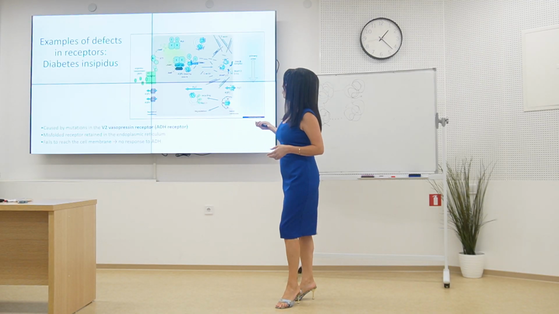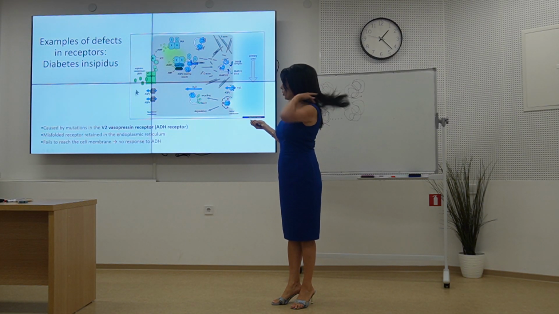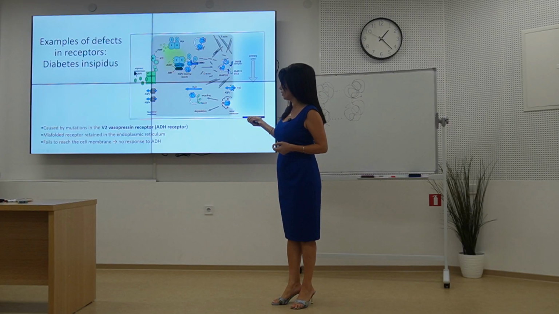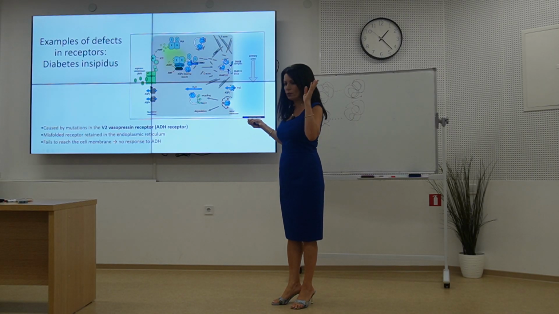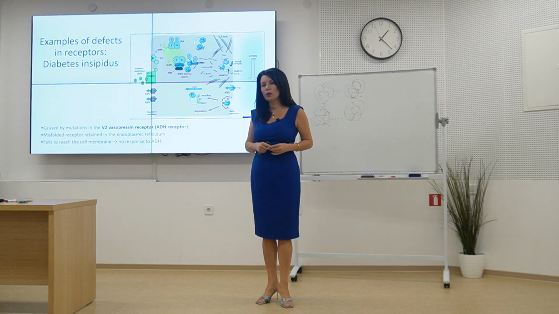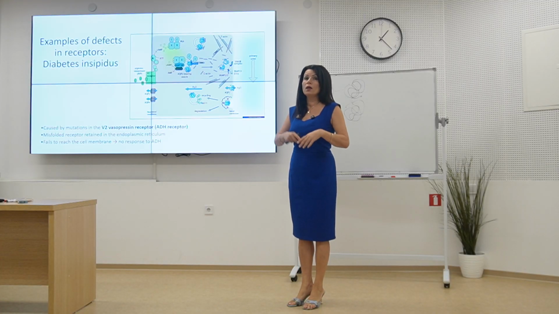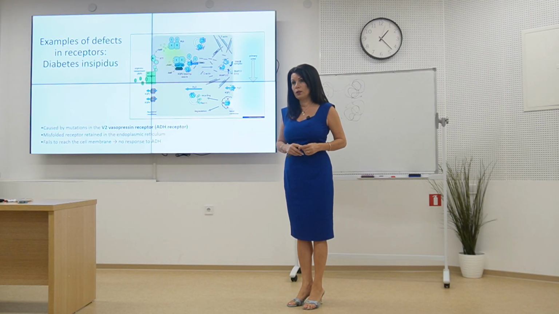That's why in this situation we have the cell. Here we have the corresponding receptor which recognizes the hormone. This one is called the V2 receptor of vasopressin. And what will be the consequence if there is some defect in this receptor?